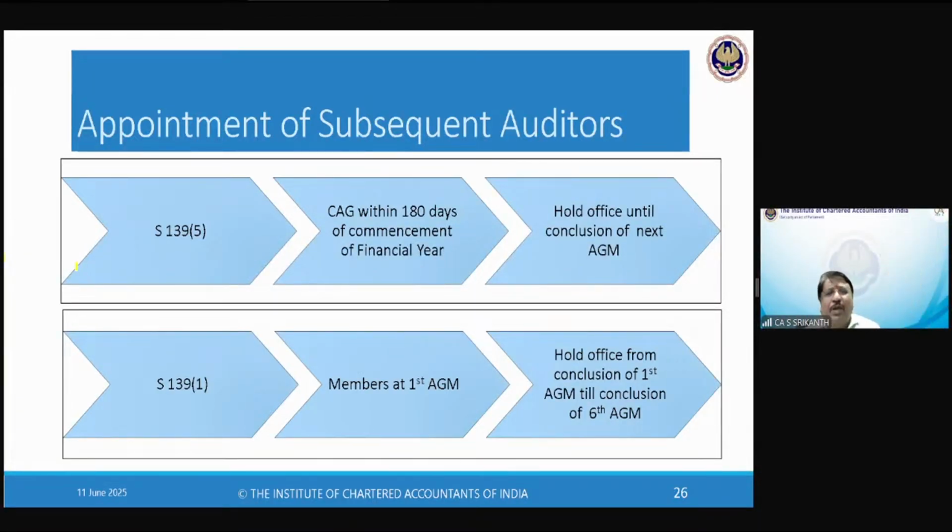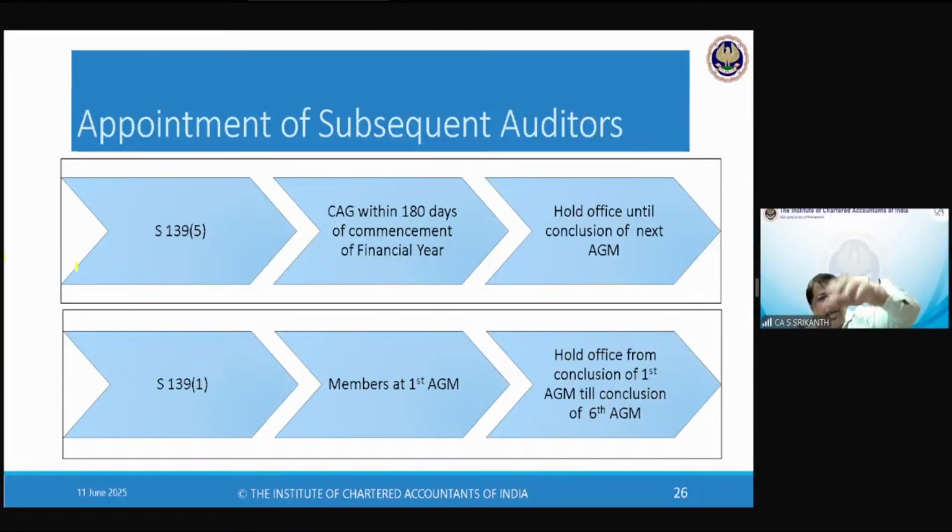Don't get carried away. As far as your exam is concerned, for a government company, the CAG will appoint within 180 days of commencement of the financial year. They have 180 days to appoint. In the meantime, the old auditor will work. Are you able to understand? So it will be like this: for the current year 25, the auditor would have been appointed, say, in August 24.